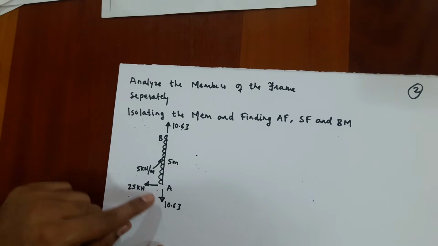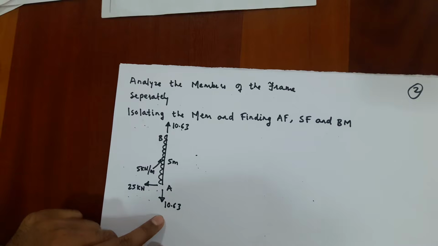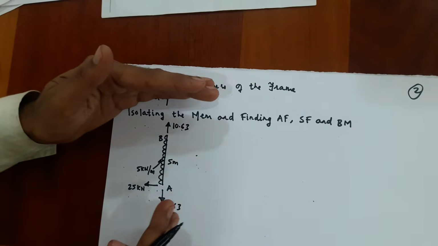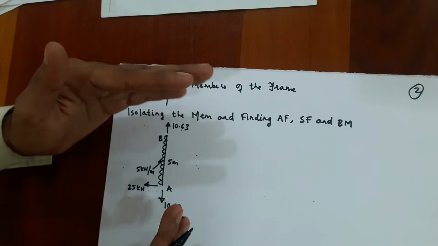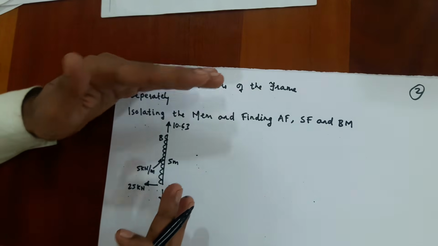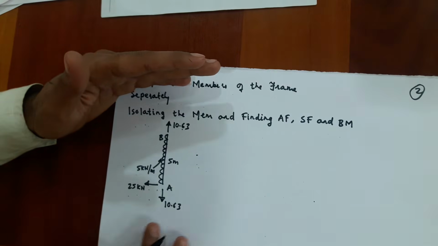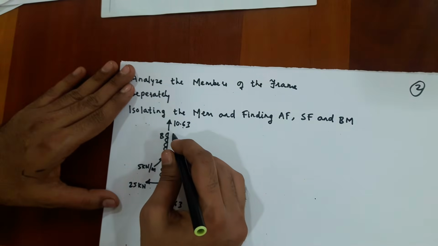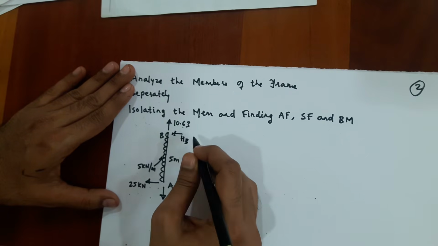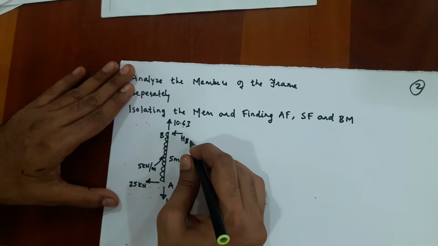Okay, now you can see here 10.63 is acting downward, here 10.63 is acting upward. This member is balanced with respect to vertical direction. Now you also have to find the horizontal reaction at B. So horizontal reaction at B will be 0.